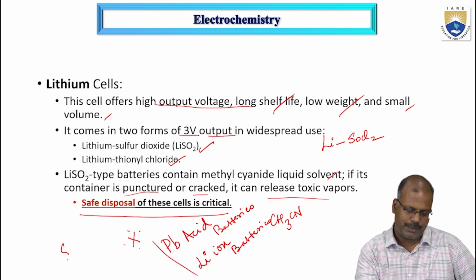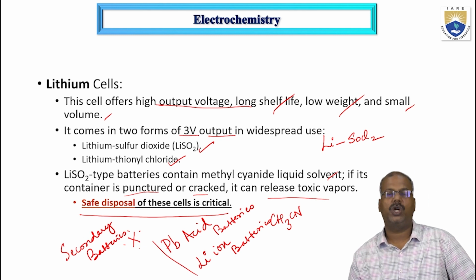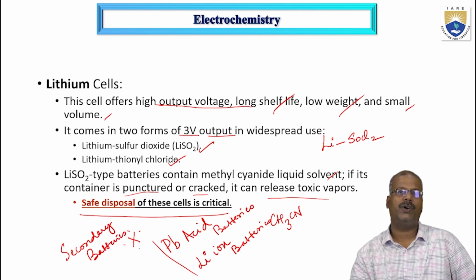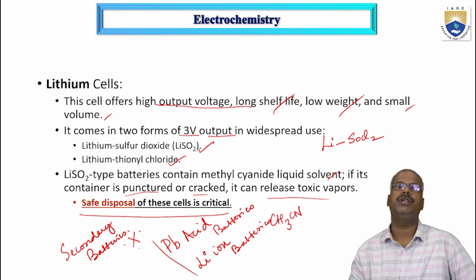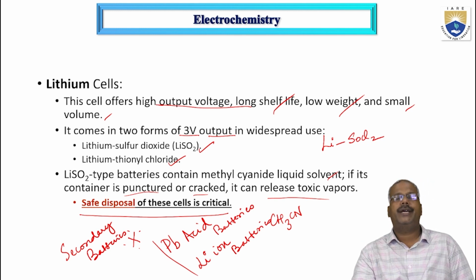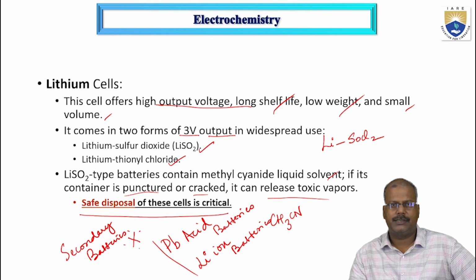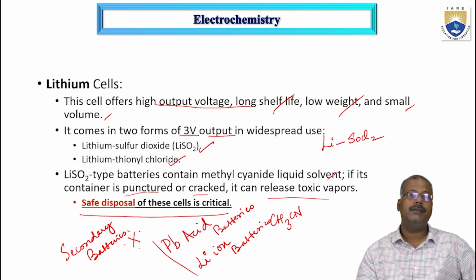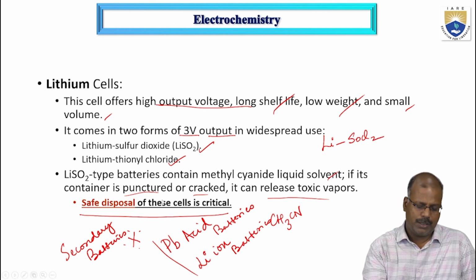Both these are secondary batteries where you can charge, use, and again charge for cycle use. The chemistry involved in this type of secondary batteries is reversible reactions, and we will see the voltage and how it is constructed, all the details, in the next sessions. So with this, the primary batteries and the introduction to batteries are over.